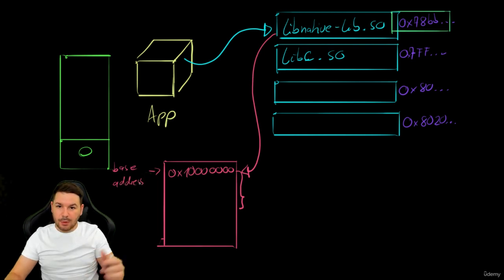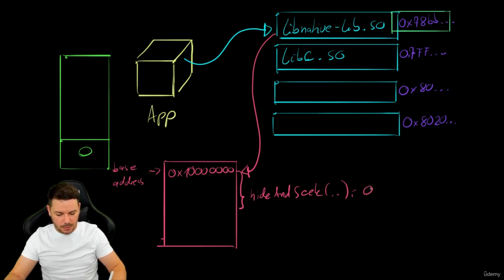So every time we are providing the same base address, we have our functions at the same point. For example, this one over here. This is our function hide and seek. All right? Okay. So this is the difference why this address in this Frida function, which is 0x10, and I'm not sure anymore, let's say 6c, is different from the real address in this device.